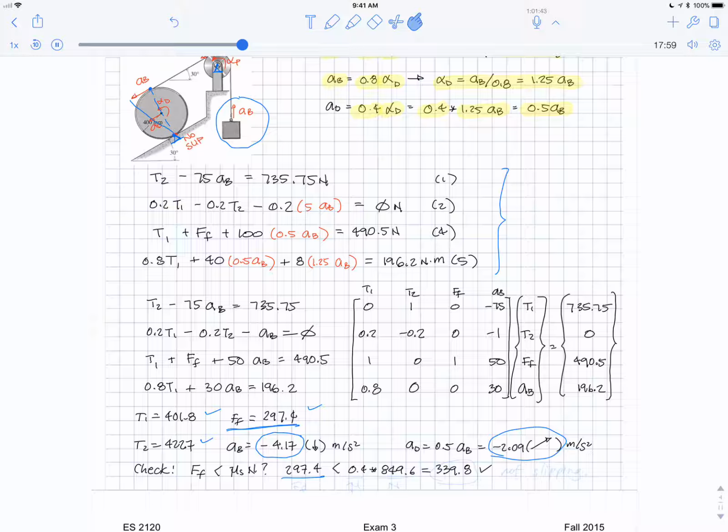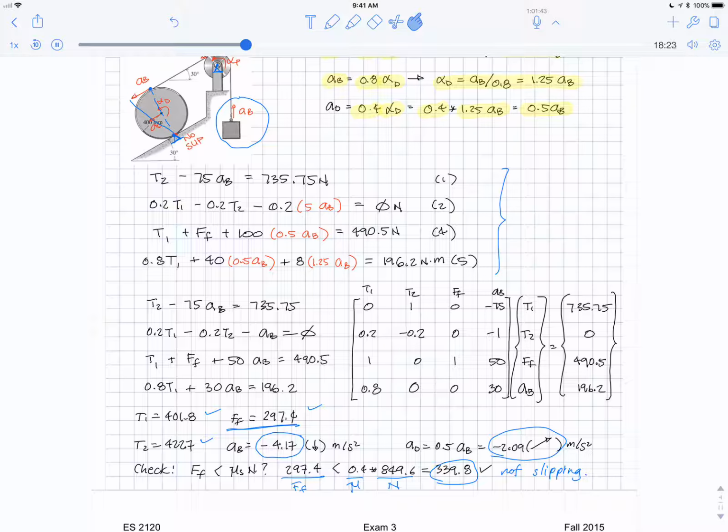So there's F_f. Mu was 0.4, and way at the top we got the normal force was 850 newtons. You multiply that out, you get 340, which is greater than 297, so yes, it is not slipping. Otherwise, we'd have to start all over, and I don't want to do that.